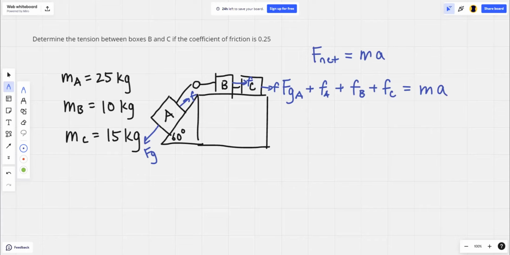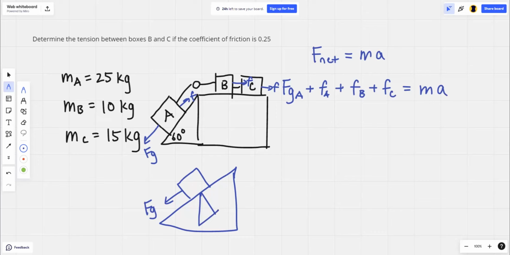So first of all, let's do FGA. So I'm going to redraw box A over here. There's a component of gravity that's pulling it down. And to calculate this force, we're going to draw a triangle in here. And this line over here is the same as this line here.